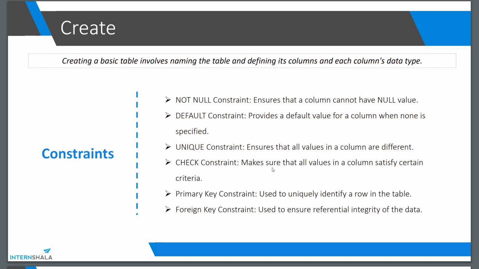Check constraint makes sure that all values in a column satisfy certain criteria. If we give certain criteria to a column, then the check constraint ensures the criteria we gave are satisfied. The second last is primary key constraint, used to uniquely identify a row in the table. Foreign key constraint, the last one, is used to ensure referential integrity of the data.